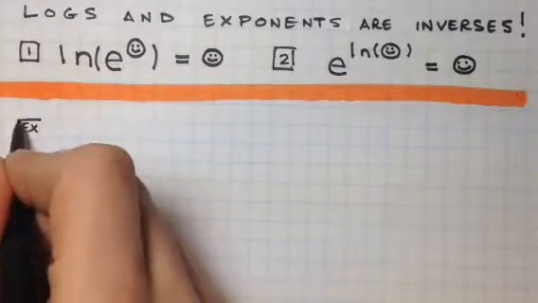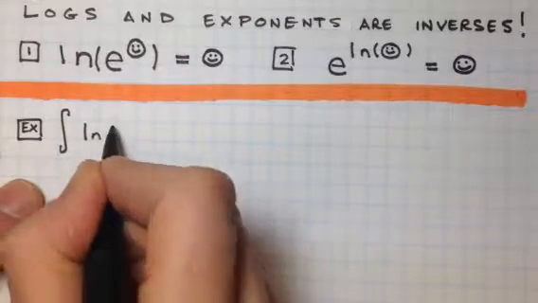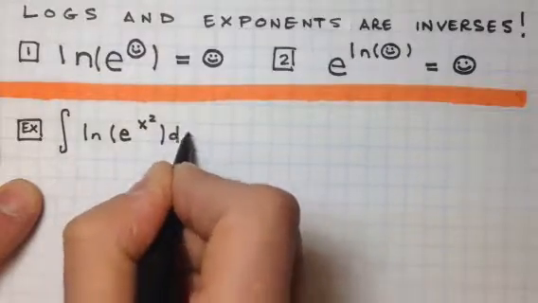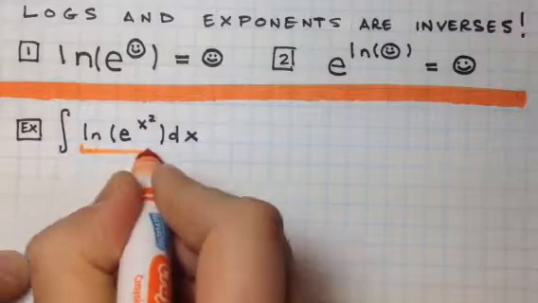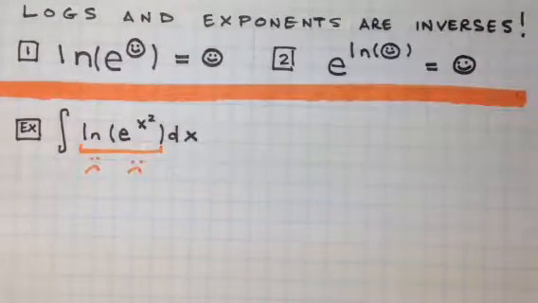Example. Take the integral of the natural log of e to the x squared dx. Now this right here is an absolute mess, and if you try to do a u substitution or anything else, it won't work.